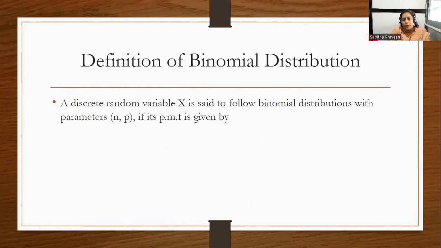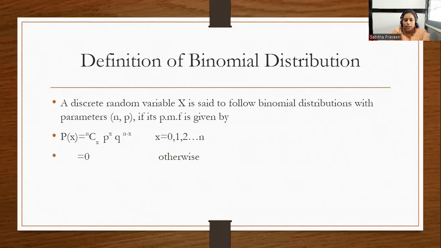A discrete random variable X is said to follow binomial distribution with parameters n and p if its probability mass function is given by P(x) equals nCx p raised to x q raised to n minus x, where x is equal to 0, 1, 2, etc. up to n, and equal to 0 otherwise.